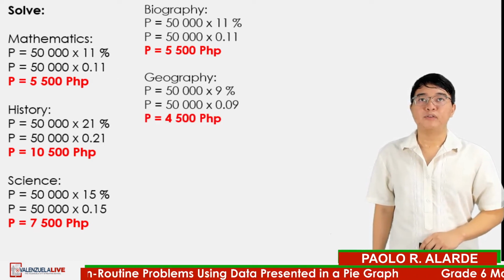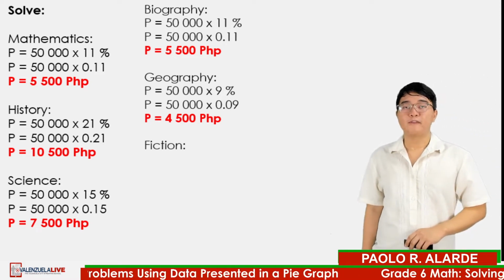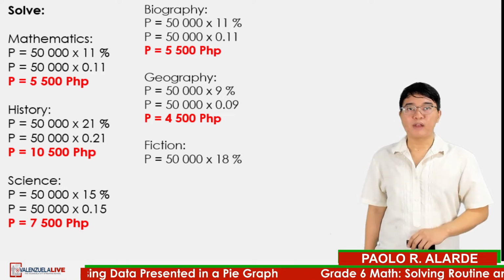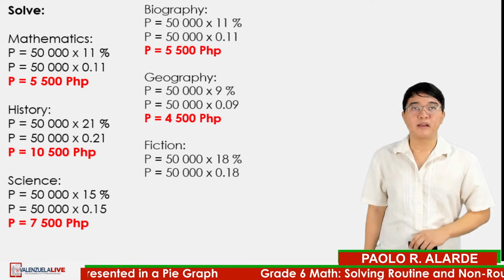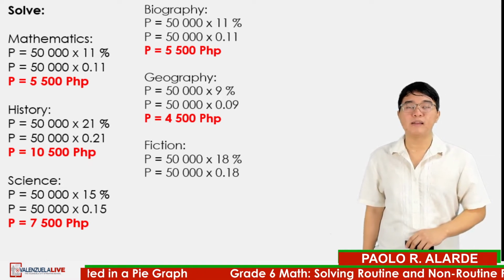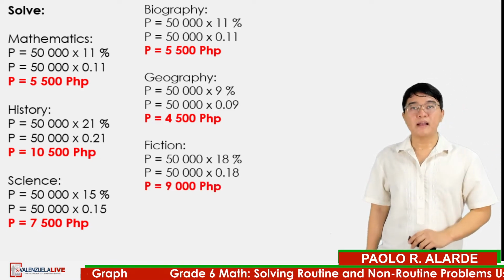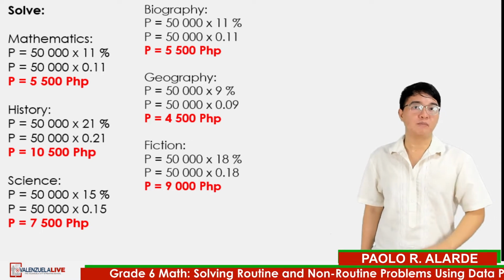Okay, so P equals 4,500 pesos. For fiction, we have 50,000 times 18%, and 18% is 18 hundredths in decimal form. So 50,000 times 18 hundredths is 9,000 pesos. So 9,000 pesos is spent for the fiction books.